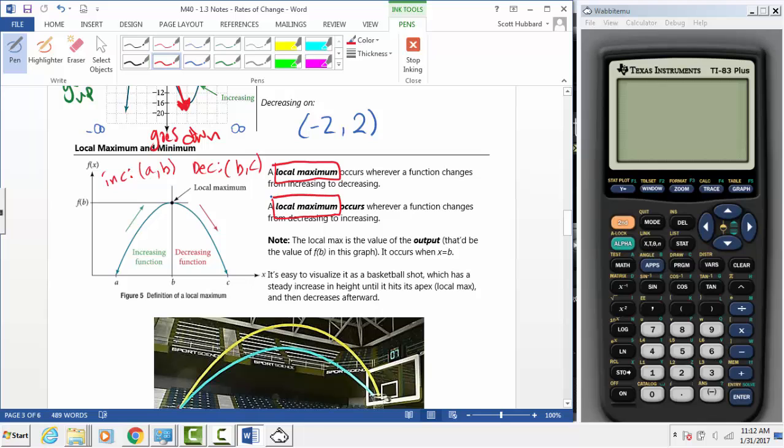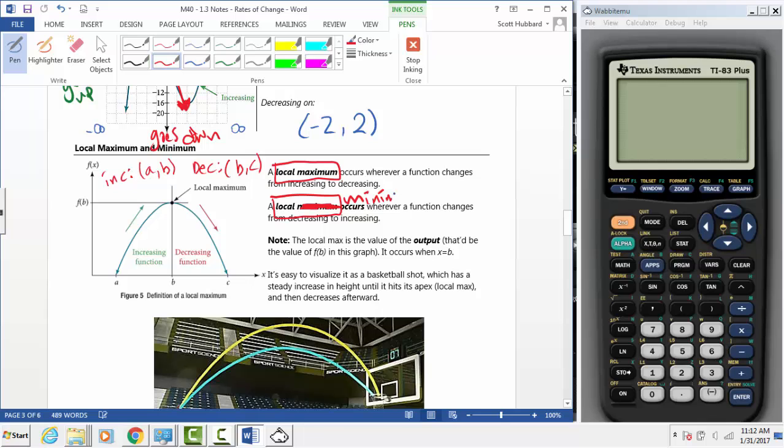So some key terminology is maximum and minimum. Okay. And a maximum just means that, okay, you have a graph that hits this little crest, this little top of the hill. A minimum would mean the exact opposite. So a minimum, ooh, there's a typo here. This should say minimum.